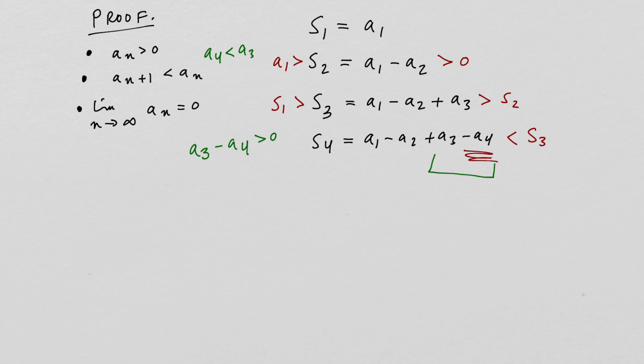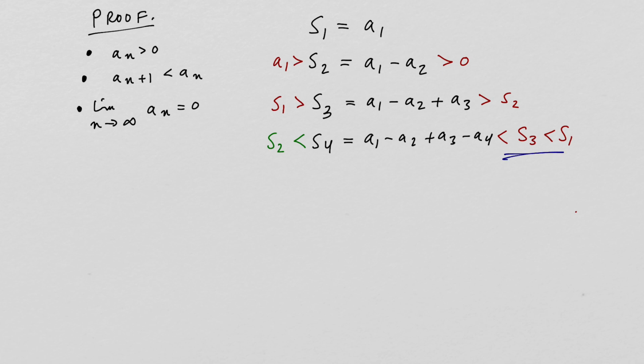So it seems that the fourth partial sum is larger than the second partial sum. Now we have calculated enough, and we can see that we will obtain two sequences of partial sums. One of the sequences will be decreasing and the other sequence will be increasing.